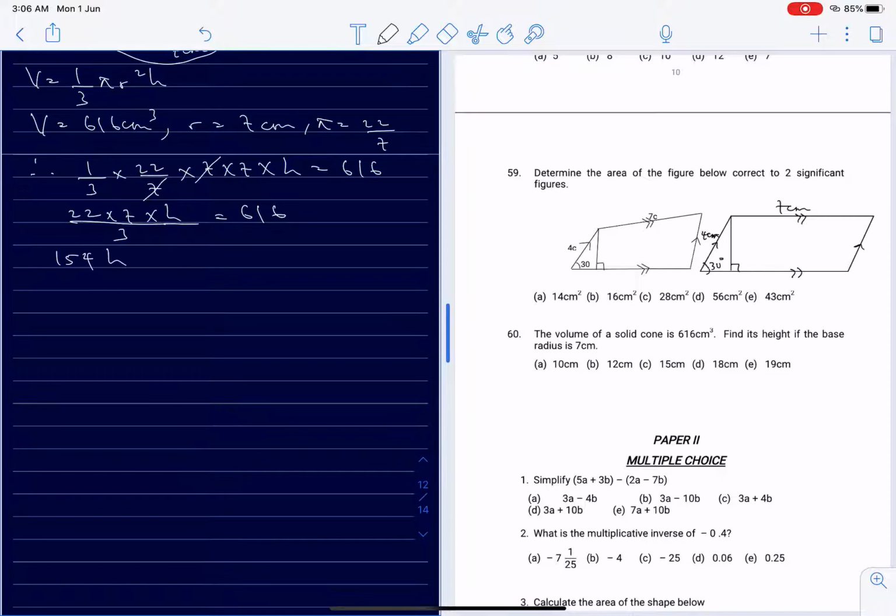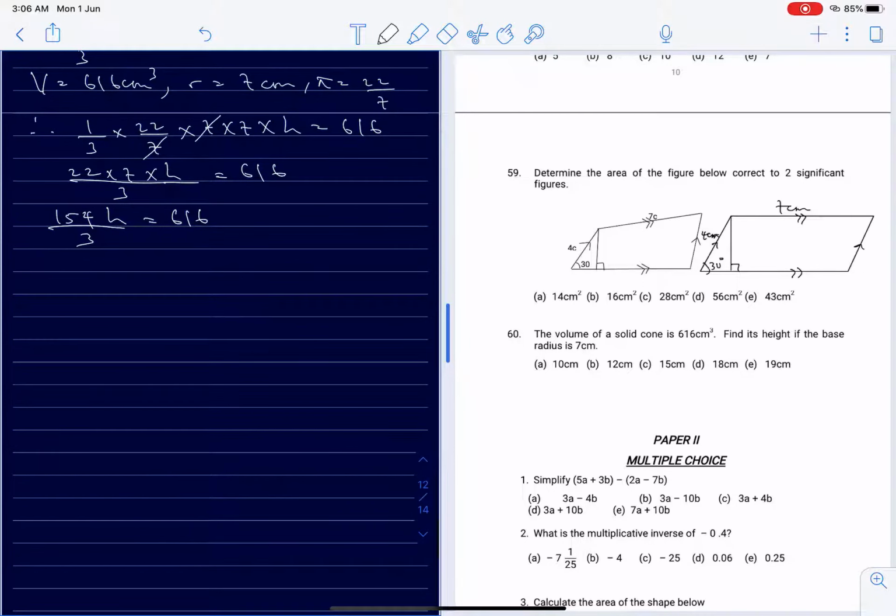And that means 154h/3 equals 616. I can simply say 154h by cross multiplication equals 616 times 3.